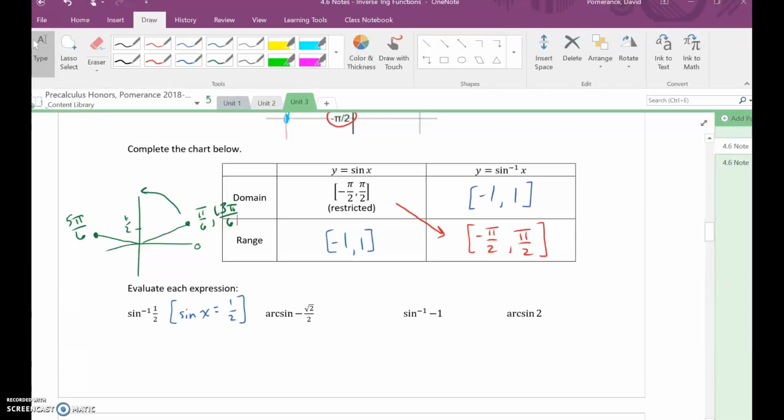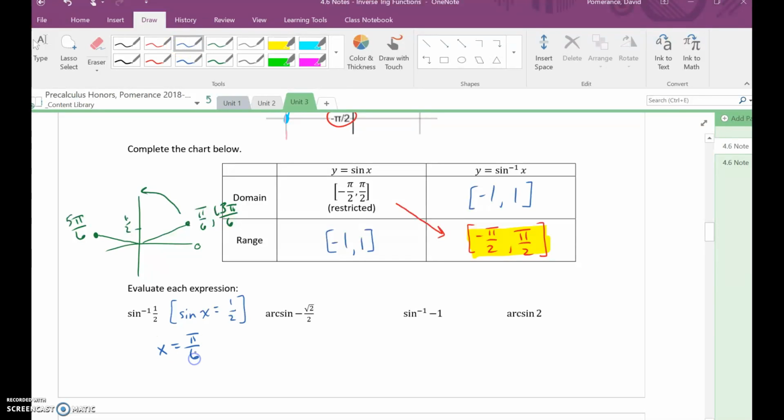So we have to find whichever value works with this infinite list, but it also has to be between -pi/2 and +pi/2 because that's our restricted range. It was our original restricted domain. So we have to find the right angle that's in that interval. And the only one that fits that interval is pi/6.